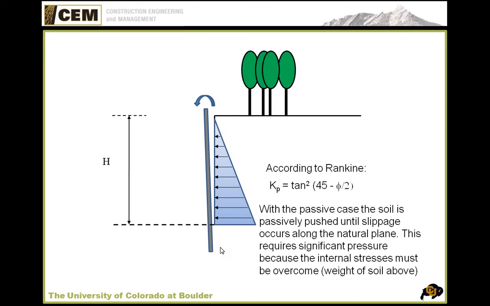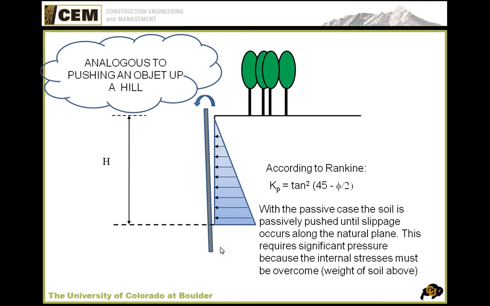According to Rankine, the passive pressure is computed very similarly to the active, where we're just taking the squared tangent of 45 minus phi over 2. My analogy again here is like pushing an object up a hill, or taking that bottle of soda that's under pressure before we twist the cap and squeezing on that a little bit more. The internal pressure there is going to be very high.